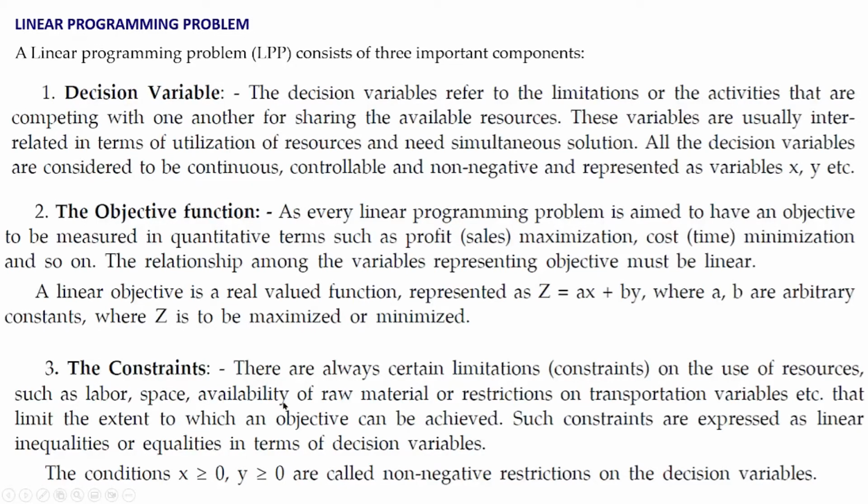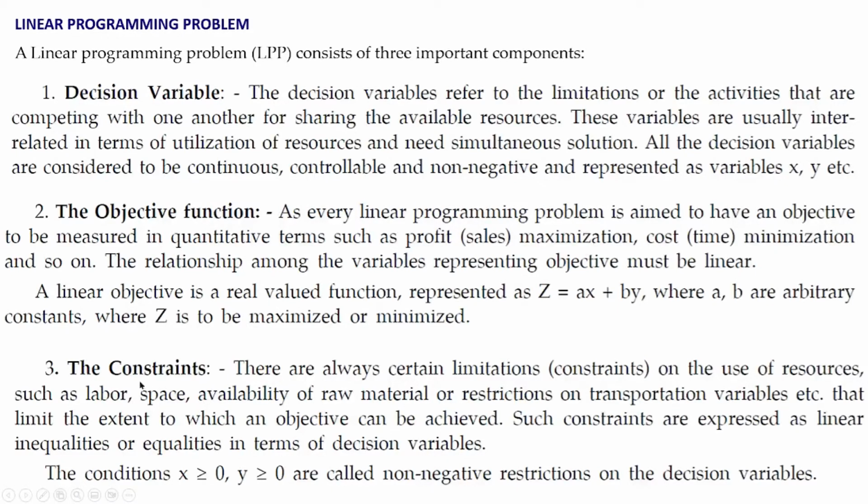So there are always certain limitations or constraints on the use of resources. It can be in the form of labor, space, availability of raw materials, or in terms of usage of machines or restriction on transportation variables. So all these restrict the extent to which an objective can be achieved.